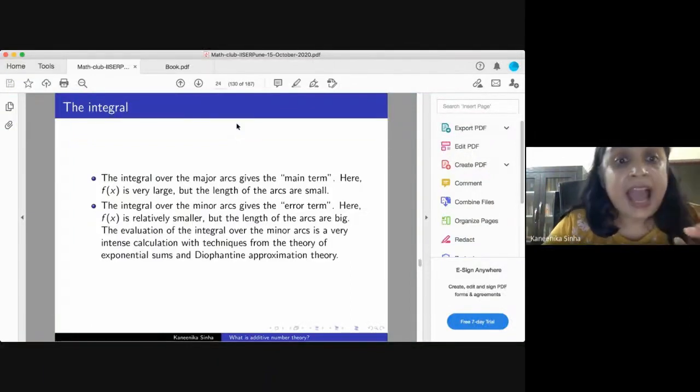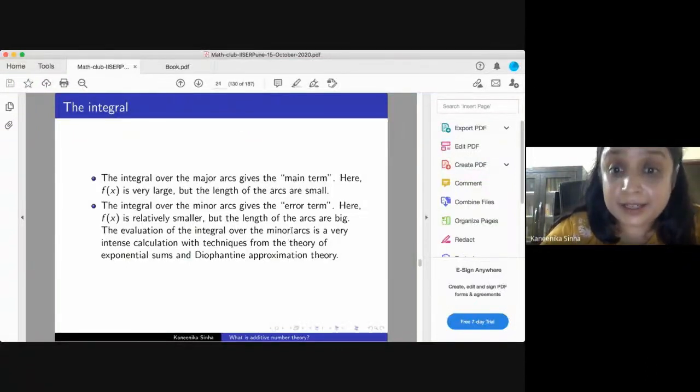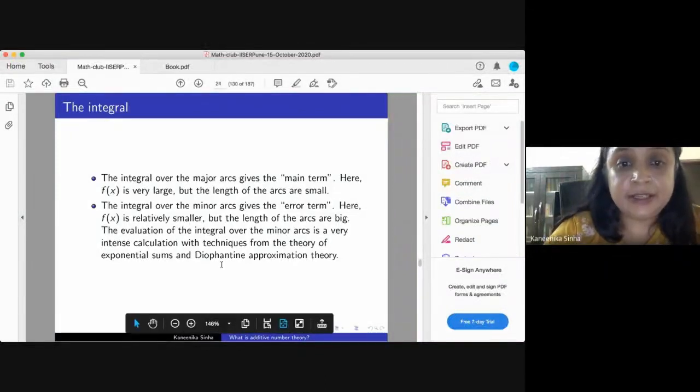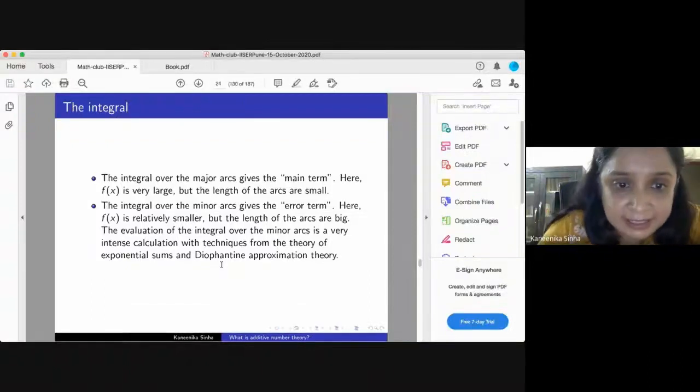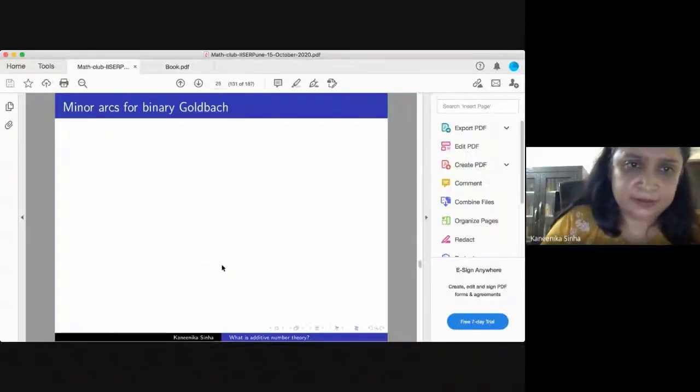Okay. And I'm doing some hand waving here, but those of you who've taken this course with me know that evaluating the integral over the minor arcs is the real deal. It is an extremely intense calculation, and you end up using techniques from Diophantine approximation theory and exponential sums. But we don't worry about the technical stuff right now.